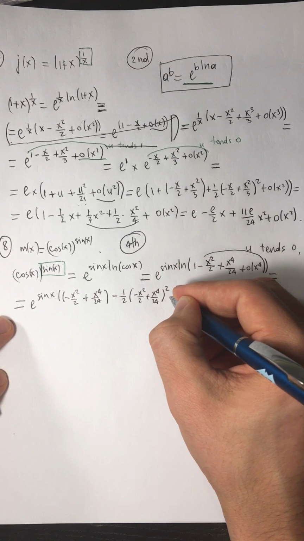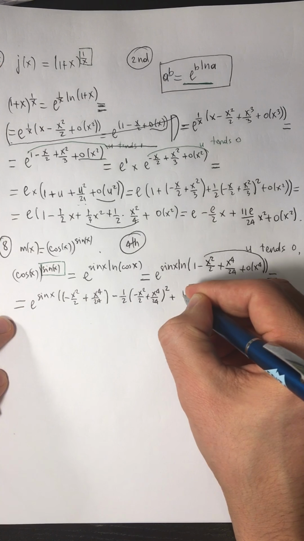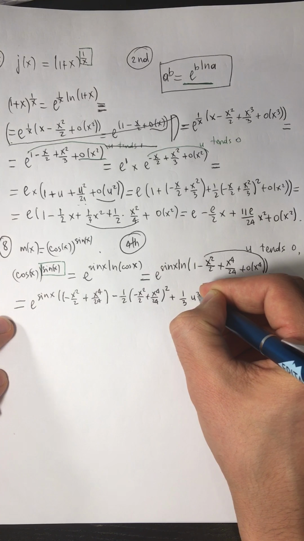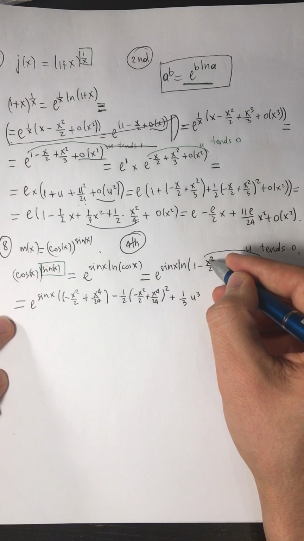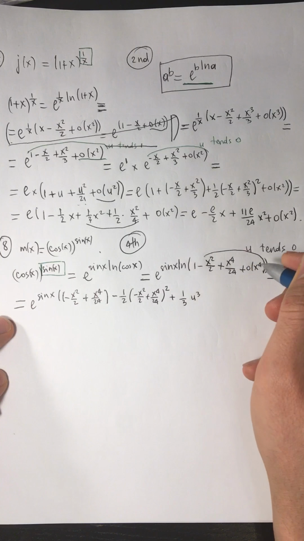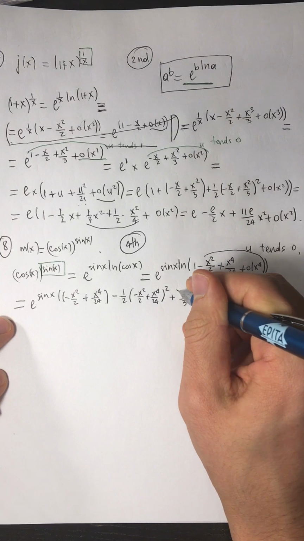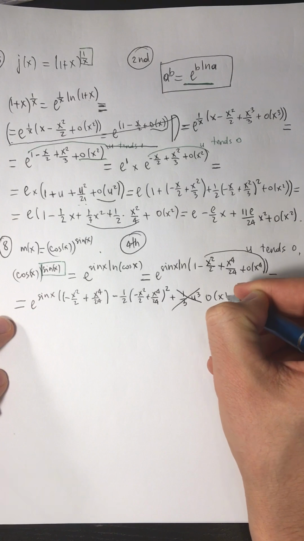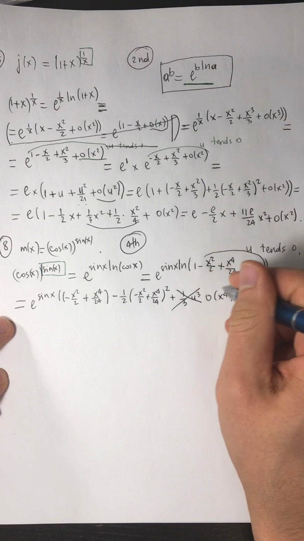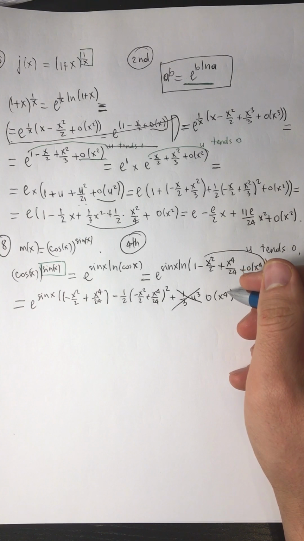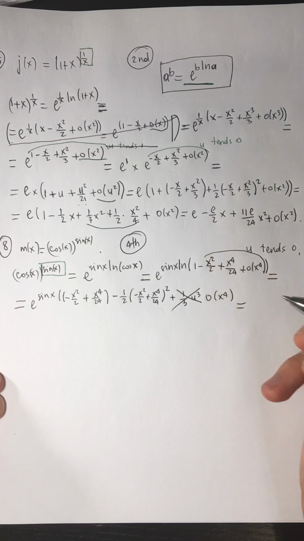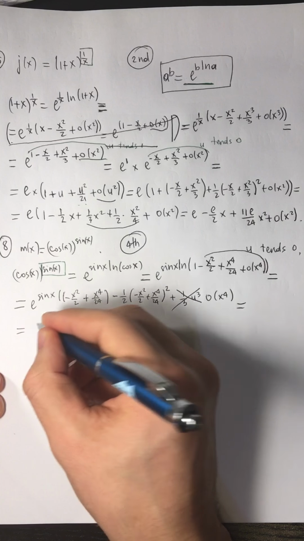And now in the formula it's 1 over 3 u cube, but if u cube is x square cube, it's gonna be more than 4. That's the reason why you don't have to write this. So you just write plus o(x to the 4). The next terms will be absorbed by o(x to the 4). So it's easier now for us.